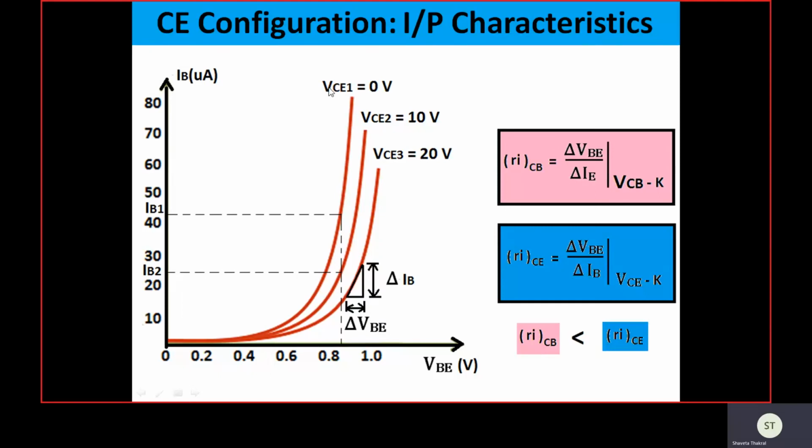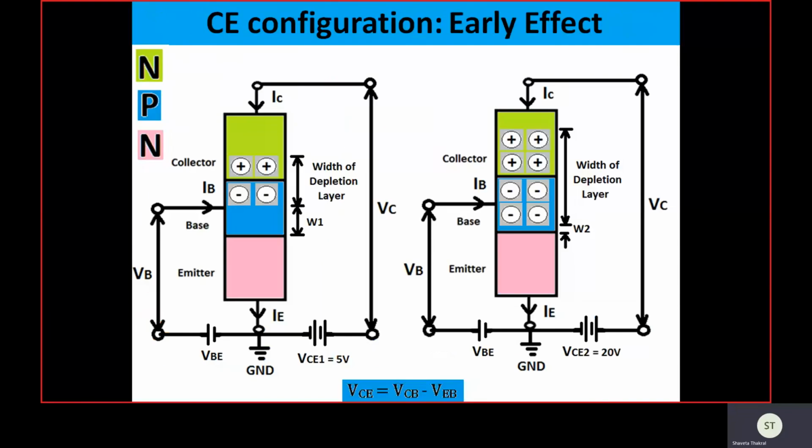And as we increase the value of VCE, the graph shifts towards the right side. Now the question is why it is happening. To answer this question, we have taken one example. Let's say in one situation VCE is 5 volt, and in another diagram VCE is 20 volt.